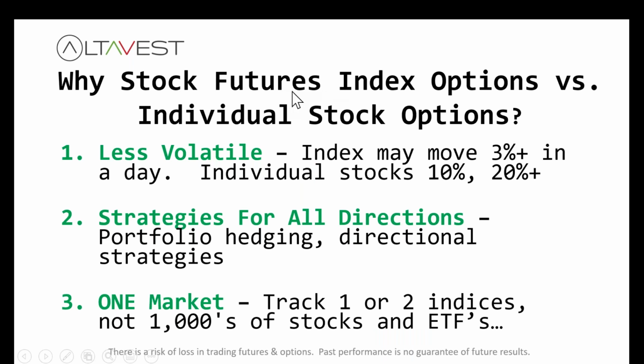So we're going to look at stock index futures options versus individual stock options. And why do we trade the options we do? Well, first of all, an index is always less volatile than an individual stock. So in many cases, it's easier to manage. And with an index, it's easy to apply strategies for any direction, up, down, or sideways.